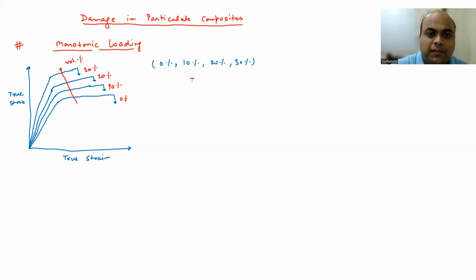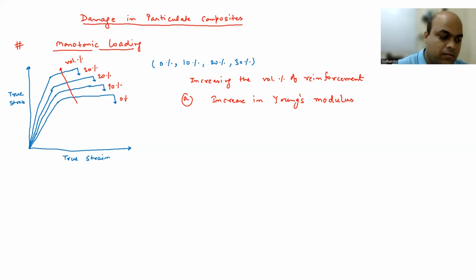What you observe here is that if you increase the volume percentage of reinforcement, you are going to observe an increase in Young's modulus. So you can see your Young's modulus is increasing as you move from 0 to 30 volume percentage, right?